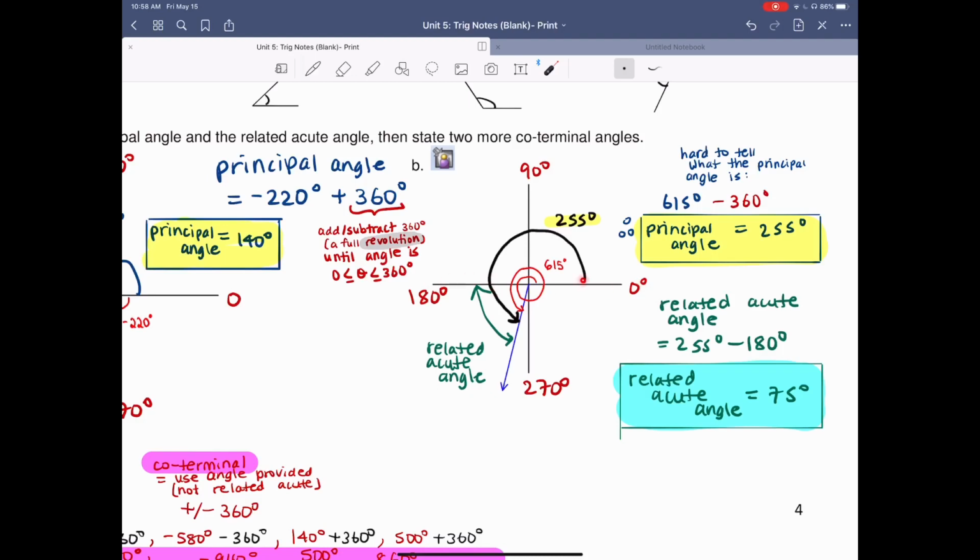And if from here to here is 180, that means if I do 255 and I take away that 180 degrees, see how that part is now going to be my related acute angle. Keep in mind, this is going to take a lot of practice and you've got to look at the visual and make sure everything makes sense because it's a matter of practice. So just make sure that the related acute angle is always positive.